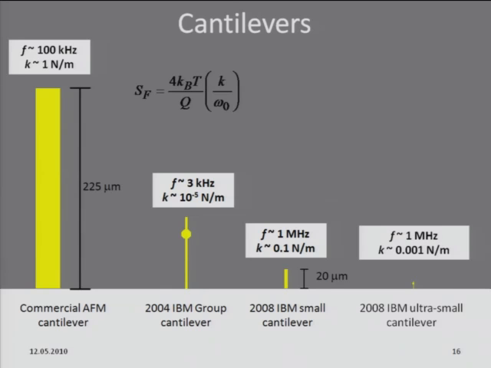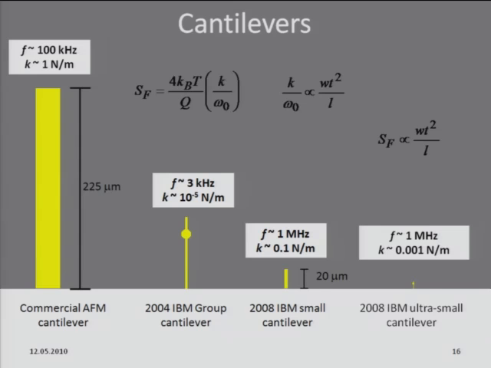And if we, again, apply very simple Euler-Bernoulli equations, we can write this in terms of some mechanical parameters and width, thickness, and length. And we quickly find that this term goes like the width times the thickness squared over the length, and so therefore so does the thermal spectral density.